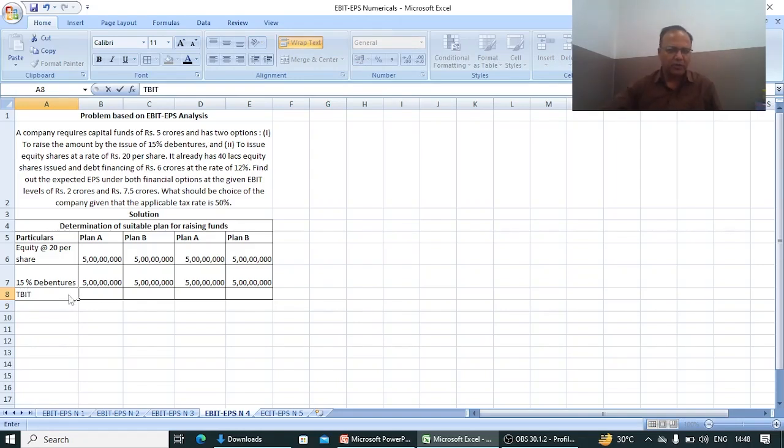EBIT, first of all, write down EBIT. EBIT is 2 crore and 7.5 crore.